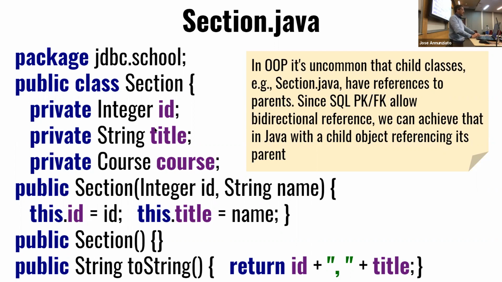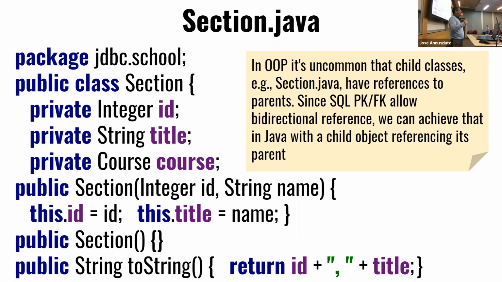So here are some data types. The primary keys we're representing as integers, the title as a string. Notice our foreign key in the relational world we have substituted with an actual reference to a course. Normally, we would not do this.